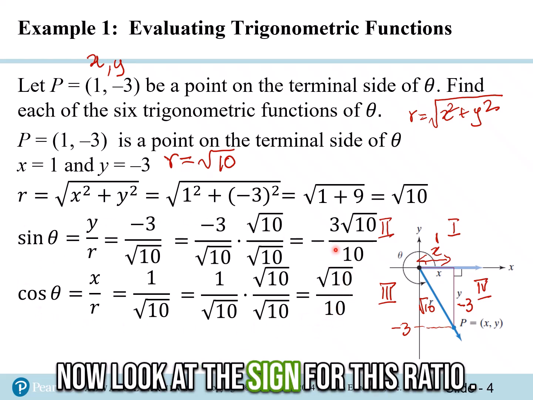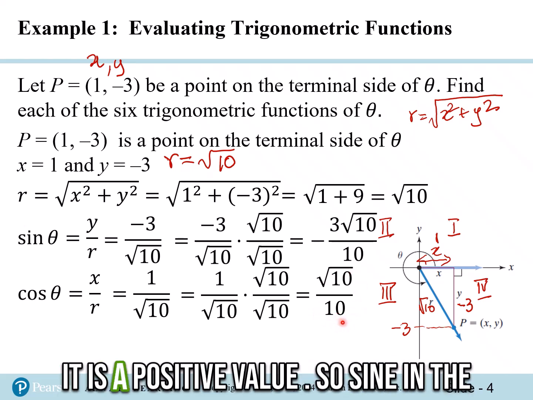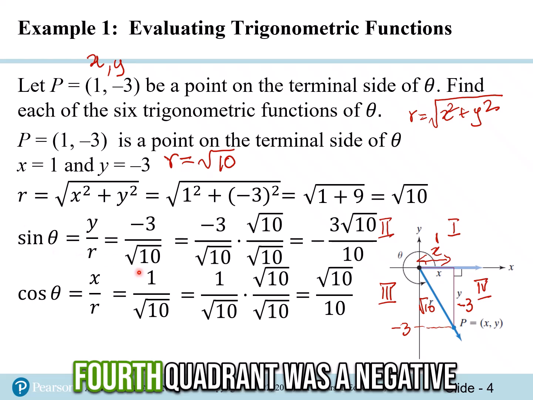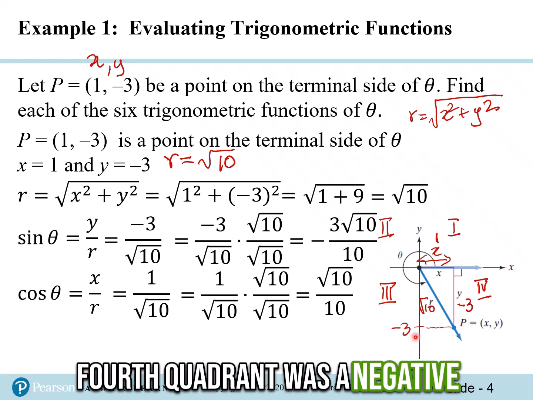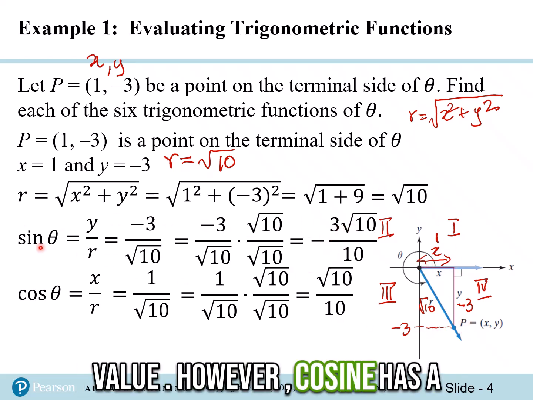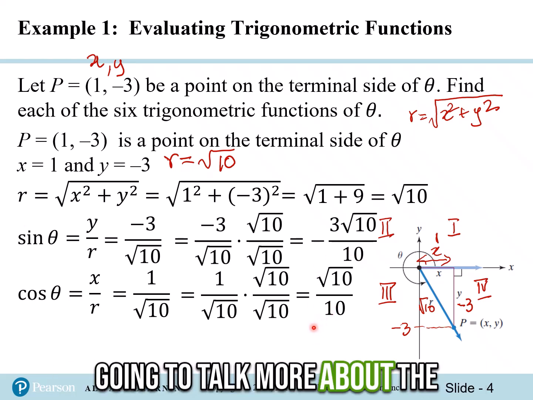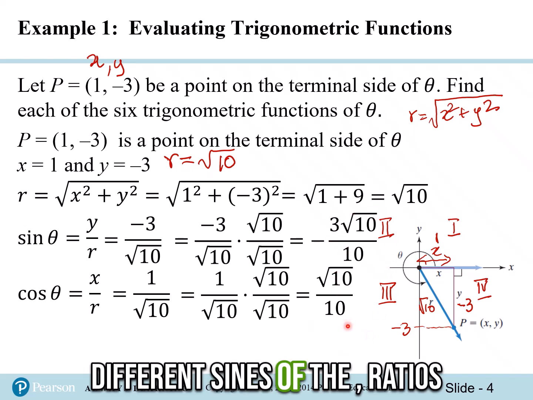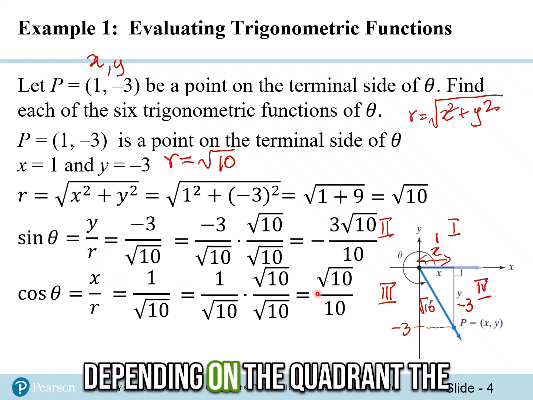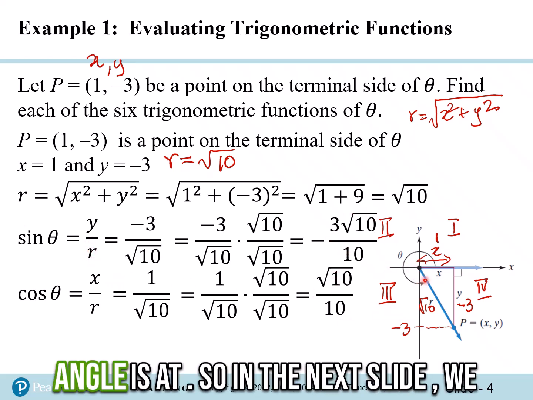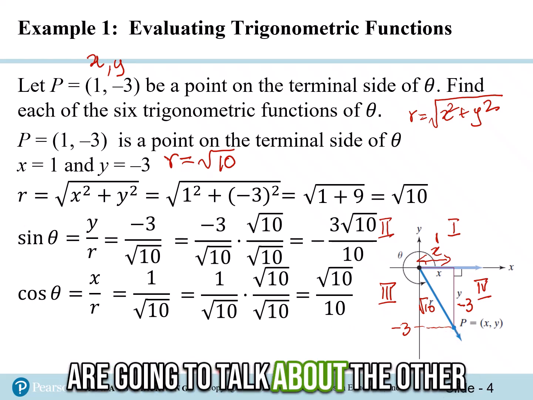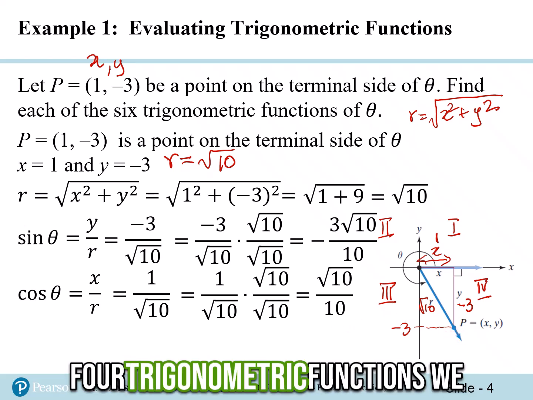Now, look at the sign for this ratio. It is a positive value. So sine in the fourth quadrant was a negative value. However, cosine has a positive value, and later on we are going to talk more about the different signs of the ratios depending on the quadrant the angle is at. So in the next slide we are going to talk about the other four trigonometric functions.